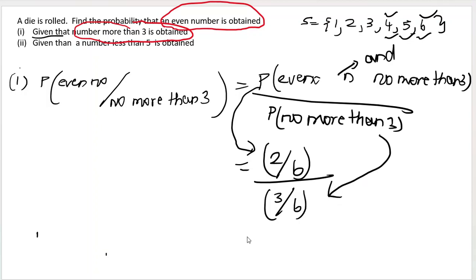Now when we have two fractions on top of each other, we keep the first fraction as it is, write a multiply sign, and write the second fraction in reverse order. When we cancel, we get the answer as 2 upon 3.